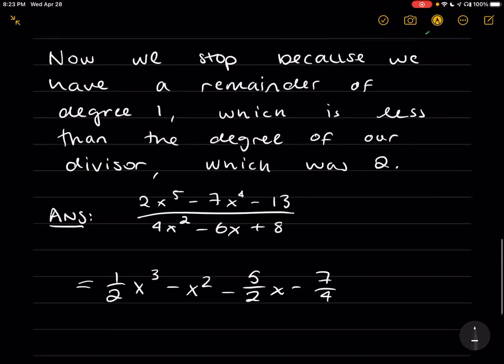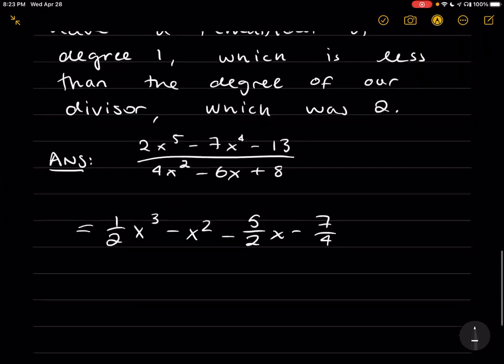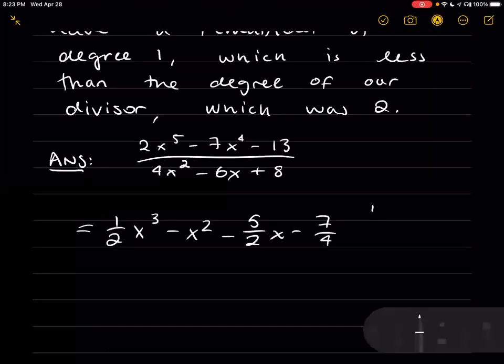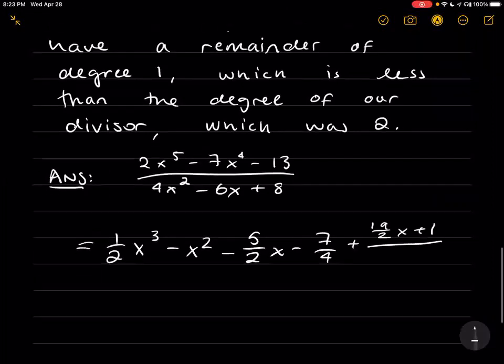And then we have to write down our remainder. So that was 19/2 x plus 1. And then we have to put it over our divisor, which was 4x squared minus 6x plus 8. And that is the full answer for polynomial long division.